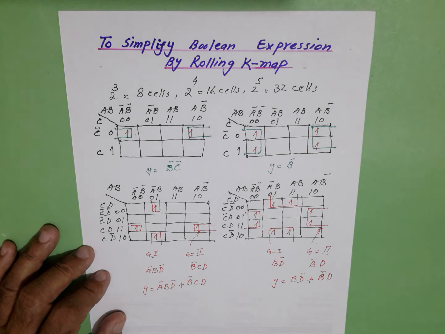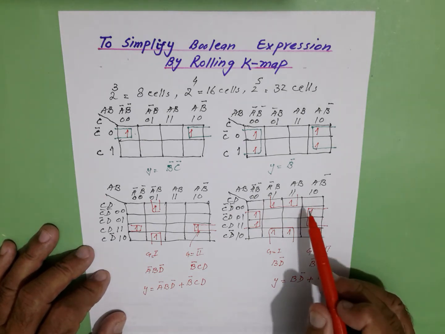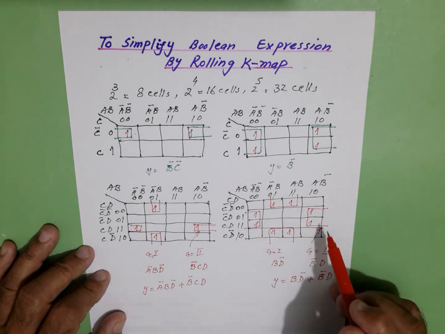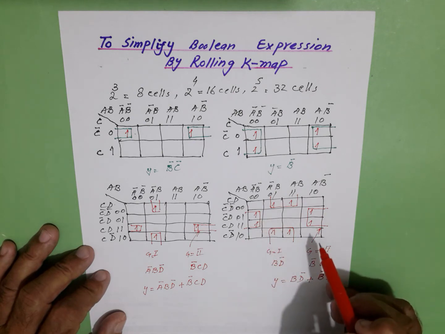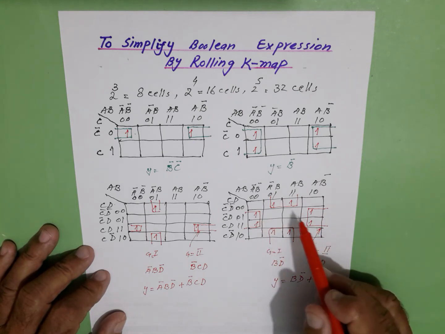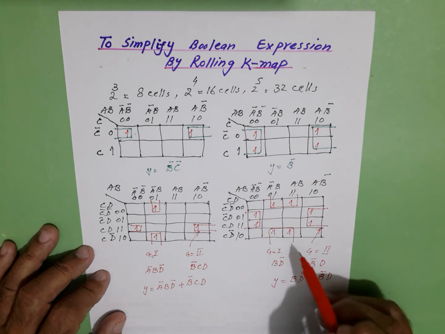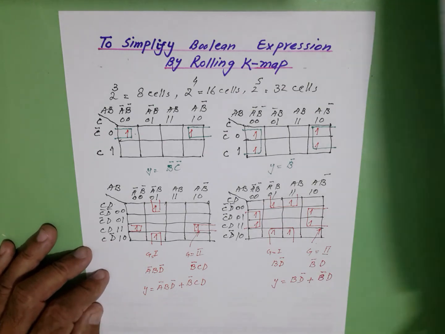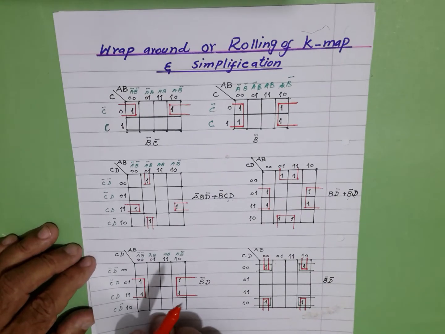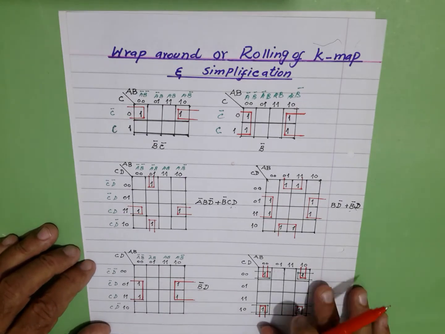And if we go to solve this by applying Boolean laws, then we need to have 8 different expressions.